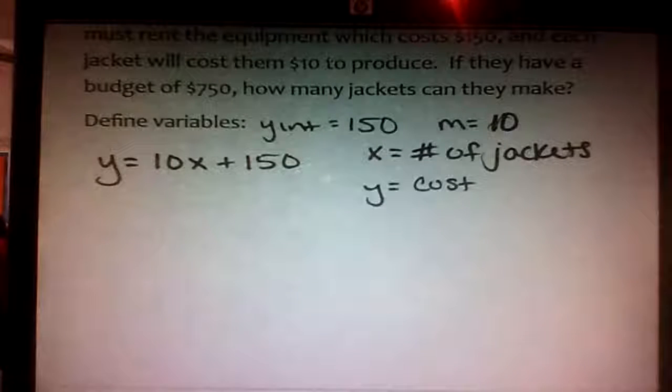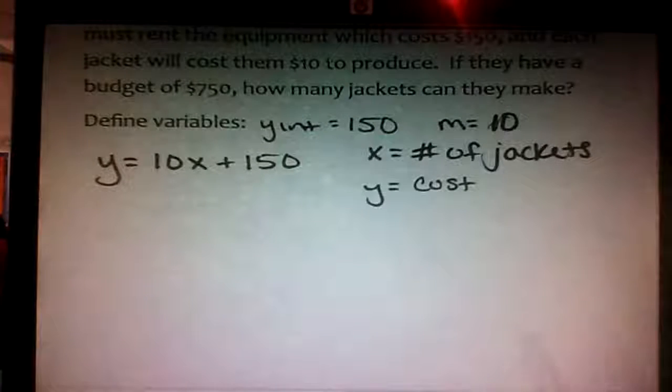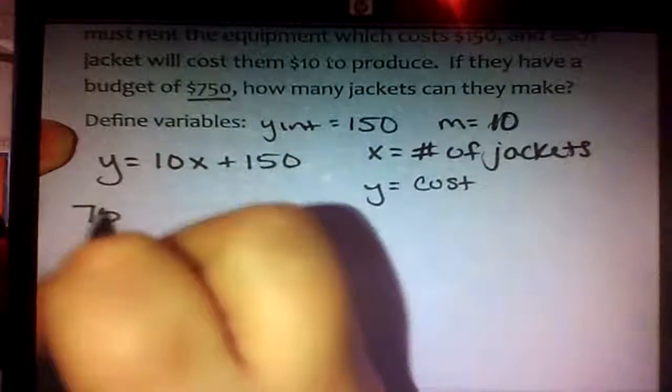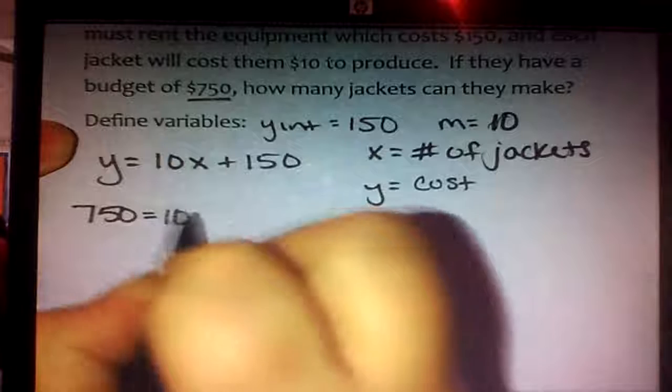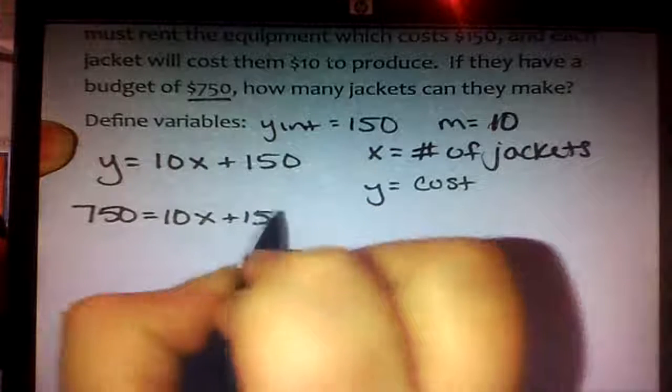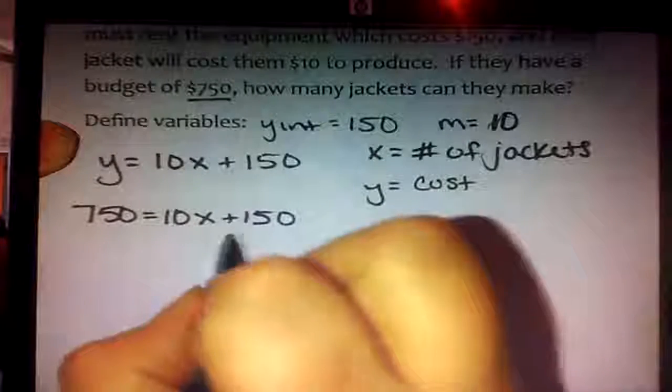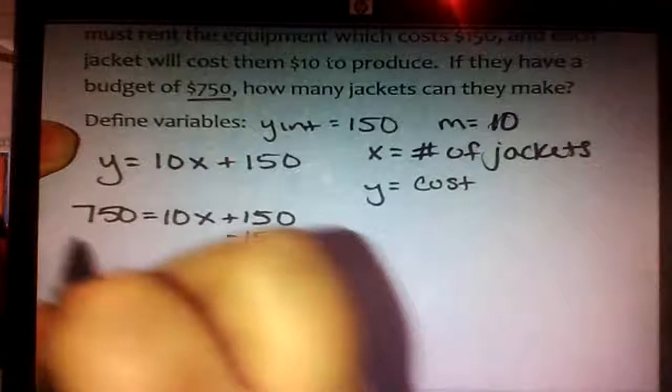Then they say, if we have a budget of $750, how many jackets can we make? Where am I putting $750? The Y. That's your money, so that's your cost. So that replaces your Y. We first have to subtract 150.